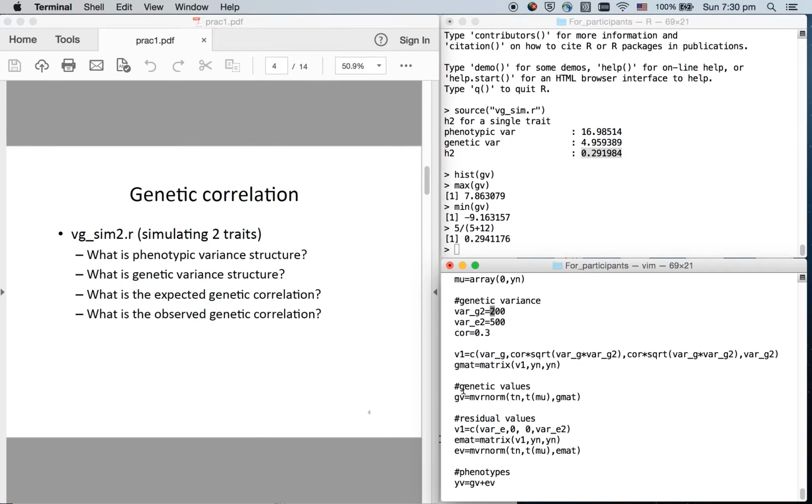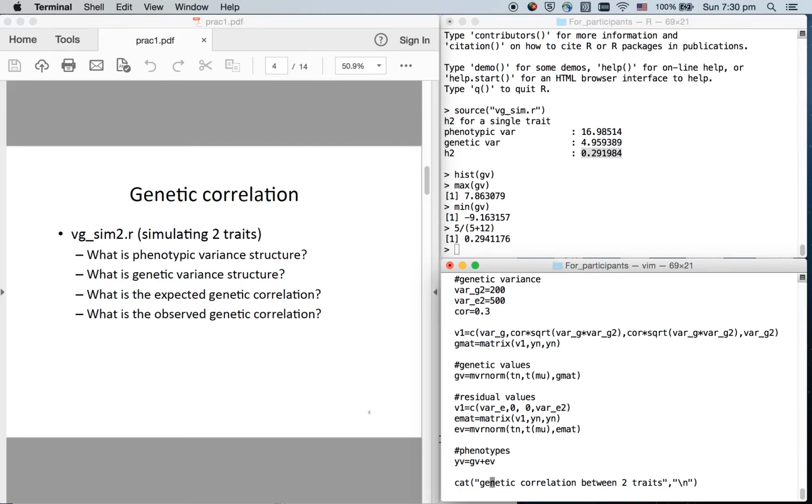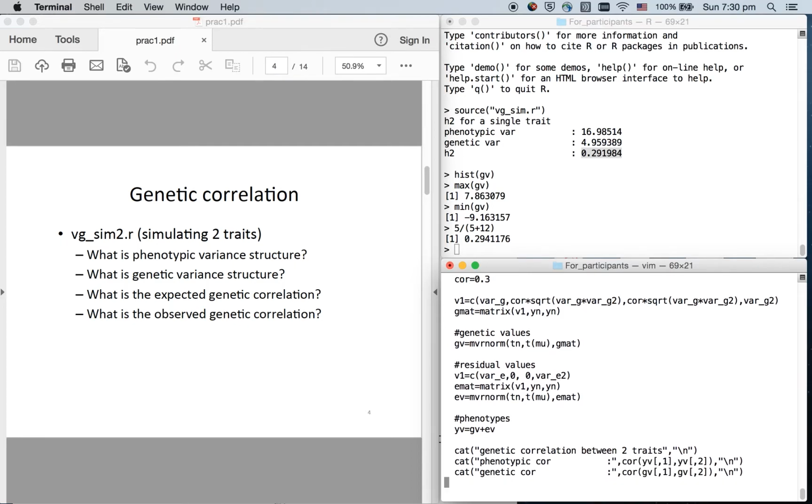And how do I simulate the genetic value? I now use a multivariate normal distribution. So using 10,000 records as before, and using mean as 0, and using the structure specified here, right? Then it will give a multivariate normal distribution for the genetic value.